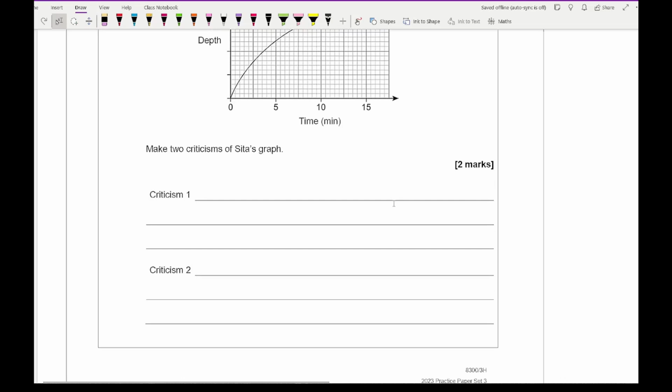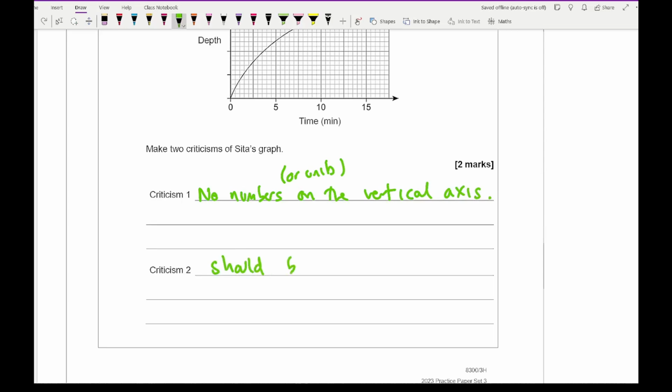So along this, what you should find is that there's no numbers on, or units I should say, on the vertical axis. And also the next one is that it should be a straight line graph, because it's at a constant rate, so it should be a straight line, in other words, or a linear line they would accept.